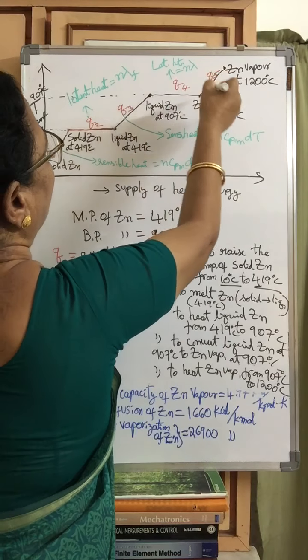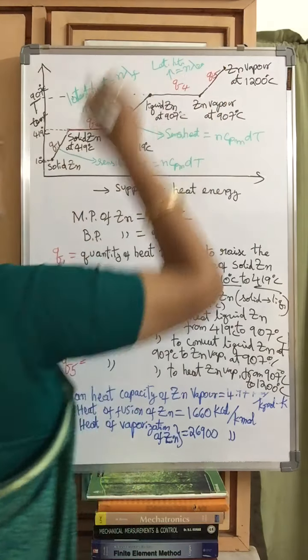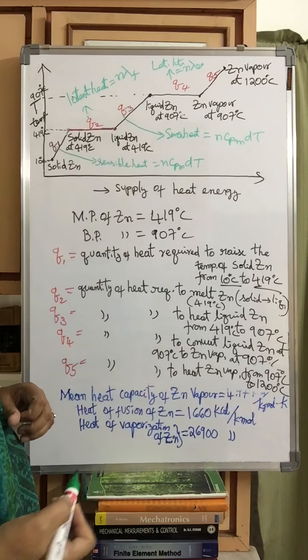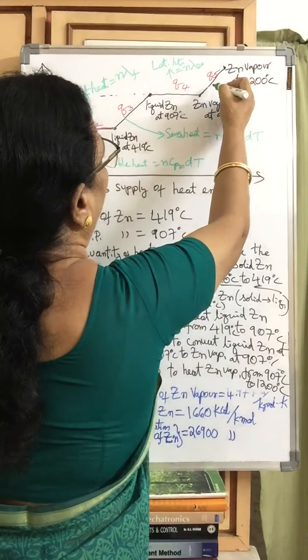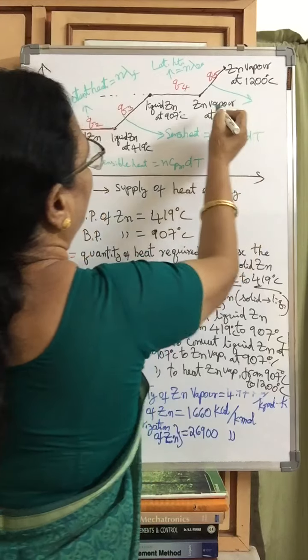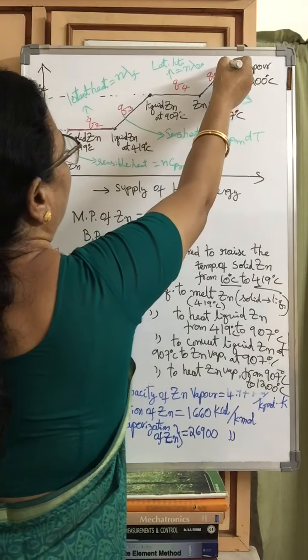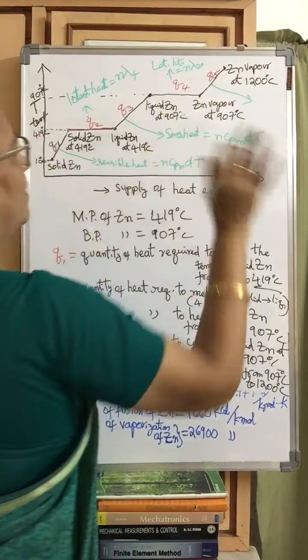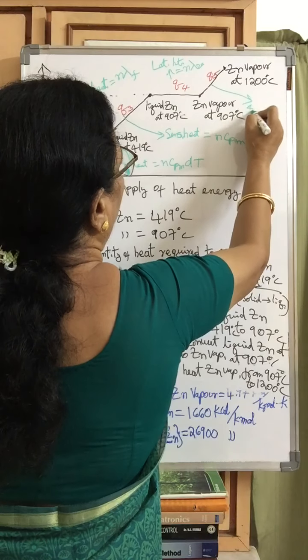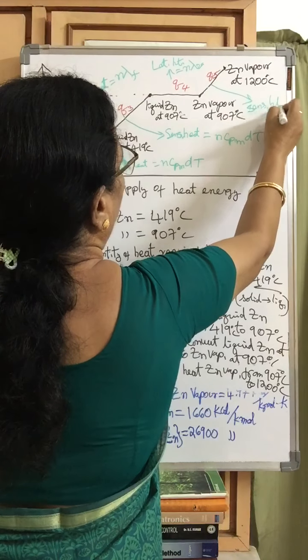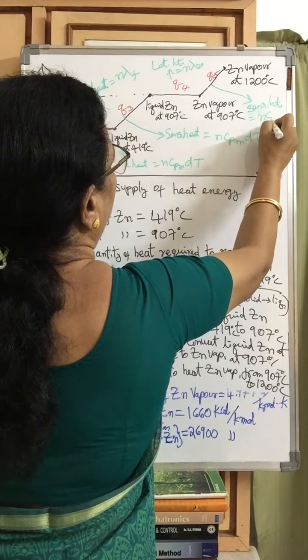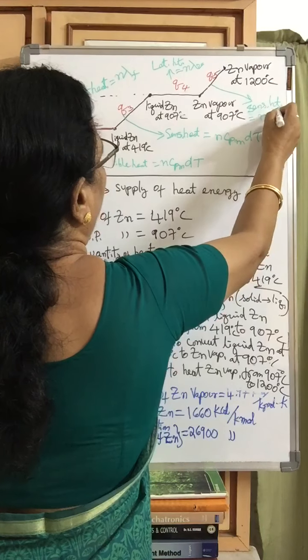Here liquid is converting to vapor, so it is the latent heat of vaporization. Next, here also vapor form. The phase is not changing, but the temperature is changing from 907 to 1200. So this is sensible heat again, n Cpm dT.